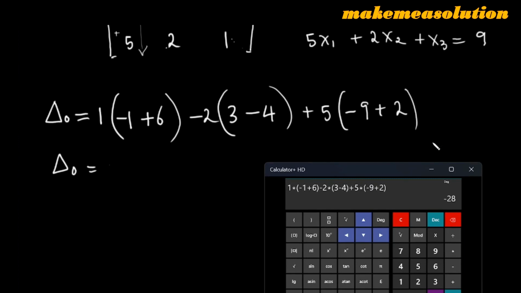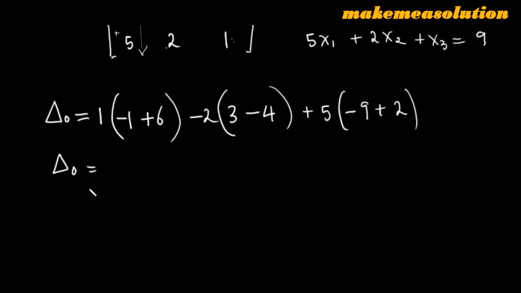So this gives me negative 28, as you can see. So negative 28. Is that okay? Please, if you're not very good with evaluating this kind of calculation quickly, there's a high tendency that if you do it quickly by hand, you run into errors. So since you have access to a calculator, just work with the calculator to avoid errors.